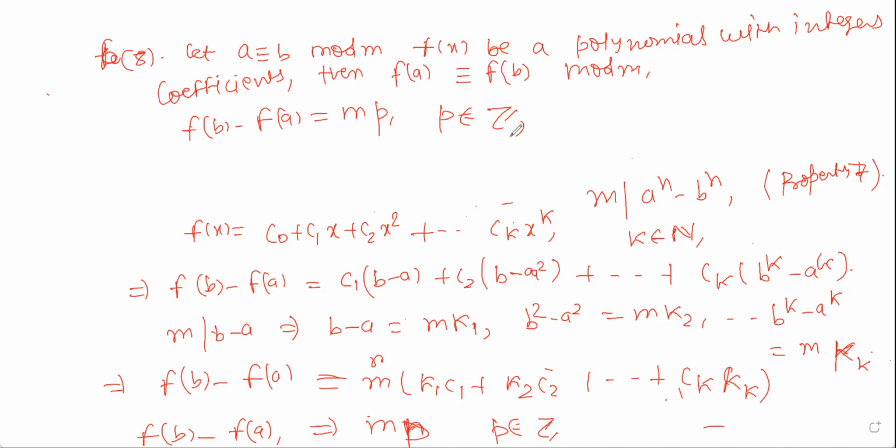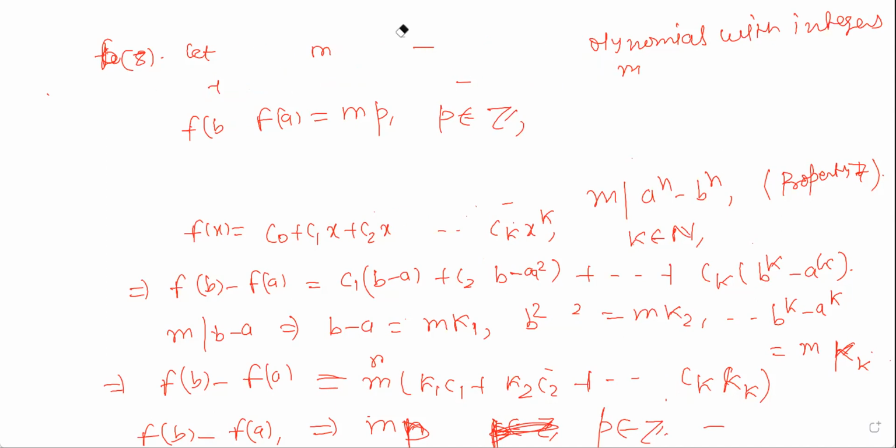Therefore, k1c1 plus k2c2 and so on plus ckkk is also an integer, so this can be taken equal to p, which is an integer, and thus we have written f(b) minus f(a) as a product of a positive integer m.